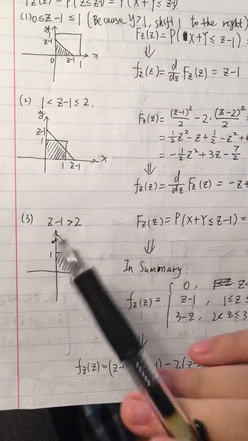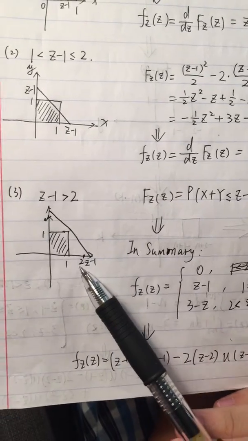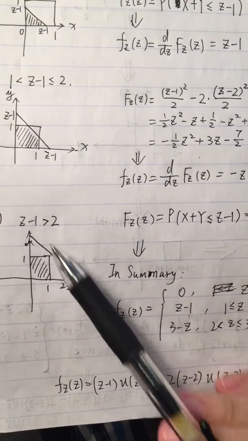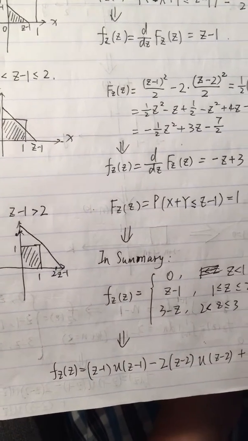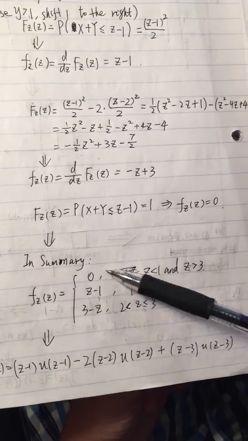And for the third one, z minus 1 more than 1, that means z is more than 3, we can easily find fz is 0. So in summary, we get the same solution as before.